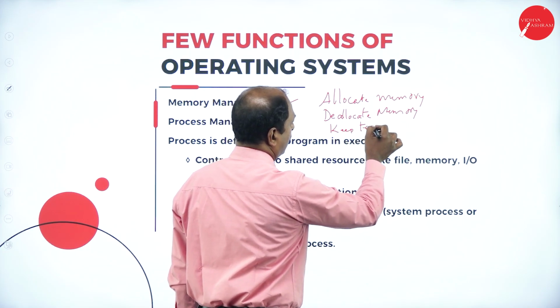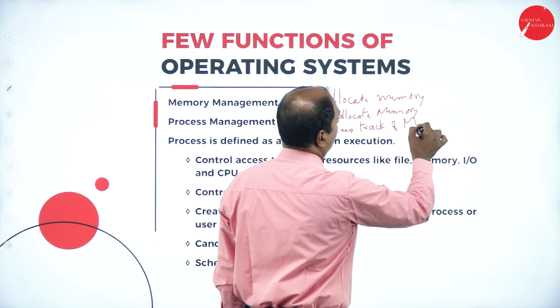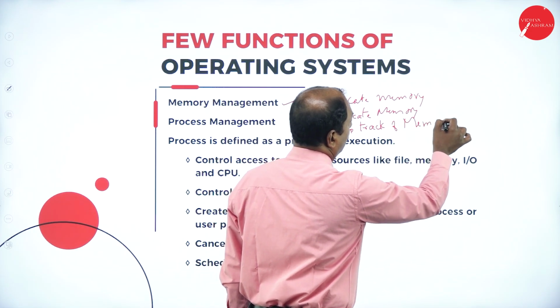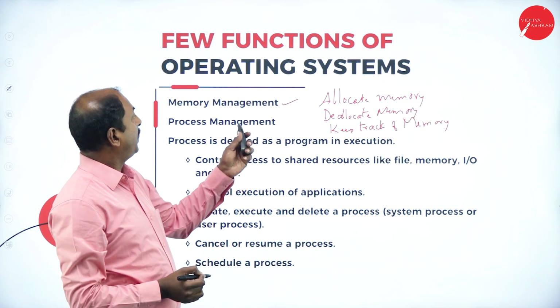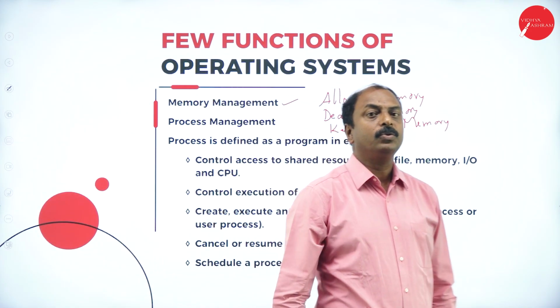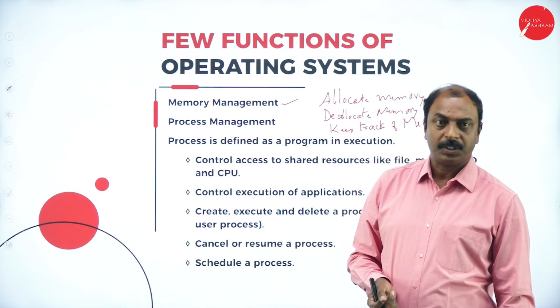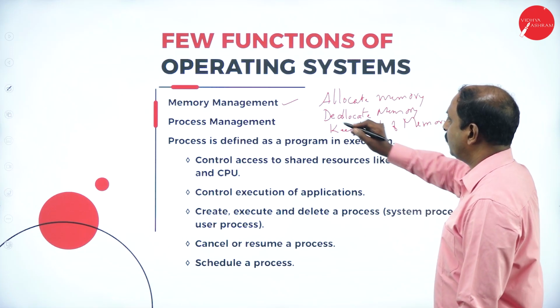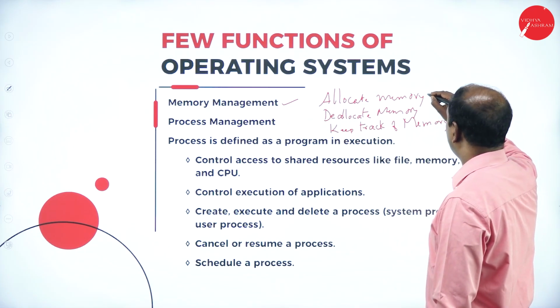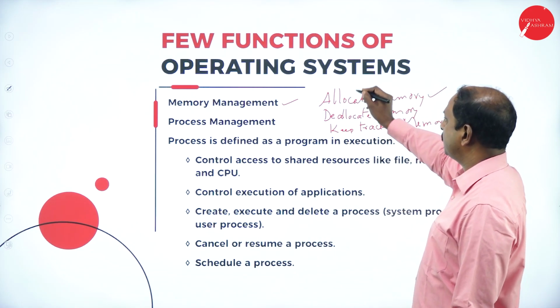These are a few functions involved in memory management. Now you know what computer memory is. We use it to store information. So if you want to store information in the form of a file, the memory has to allocate space for that particular file in the computer memory. That is one of the responsibilities.